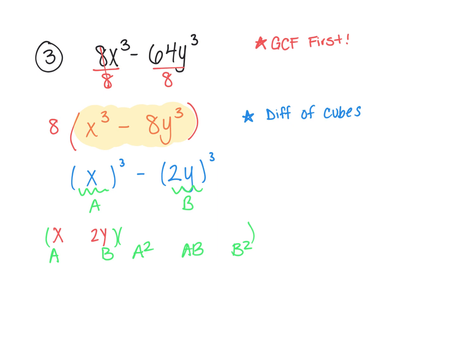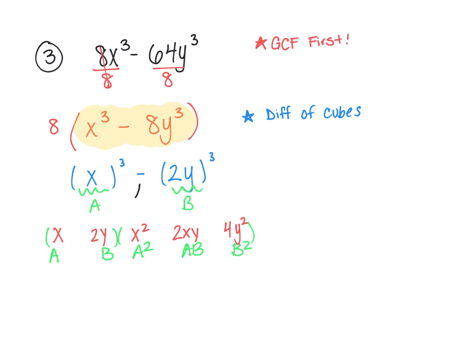Then A squared goes in here, so take x and square it. That's just x squared. AB means A times B, so x times 2y is just 2xy, but this is the nicer way to write it. And then B squared is take B and square it, so 2y. Take both pieces and square it. Square the 2, square the y. 2 squared is 4. y squared is just y squared.